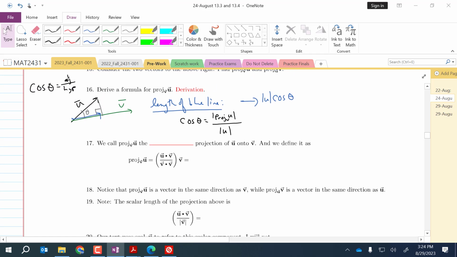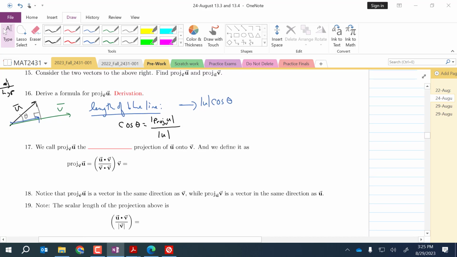How we doing, folks? So now what have we got? We're trying to find the projection vector. We have the magnitude of it. What else do we need? What direction is this blue vector pointing in? The same direction as vector v. So we'll take v's directional unit vector and multiply it by that length.